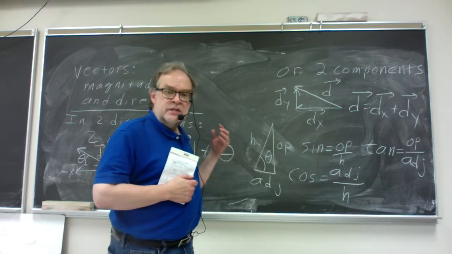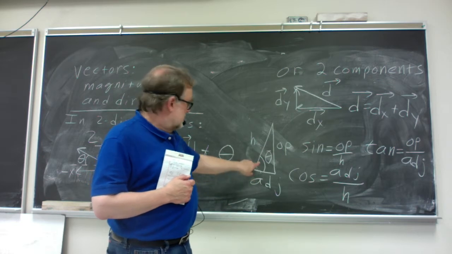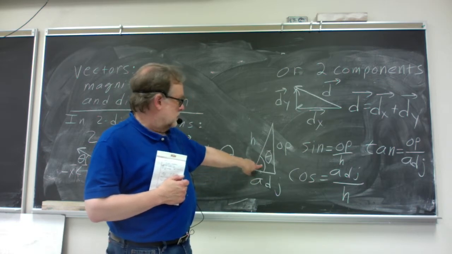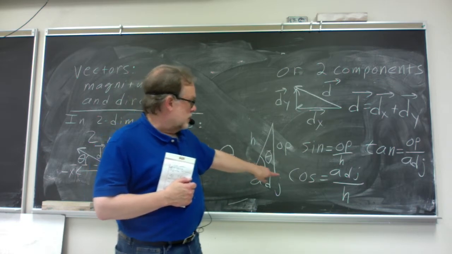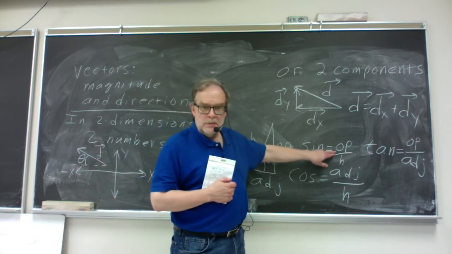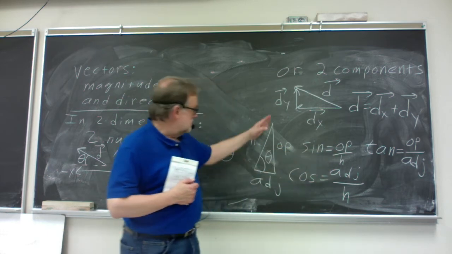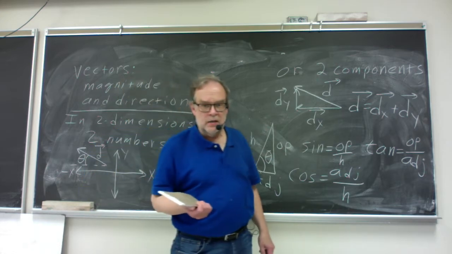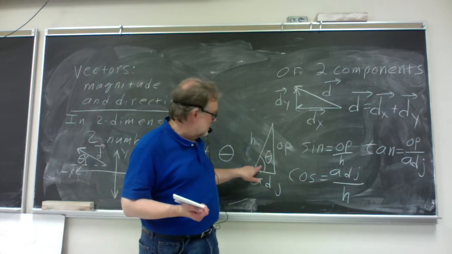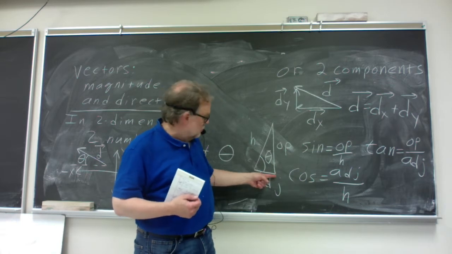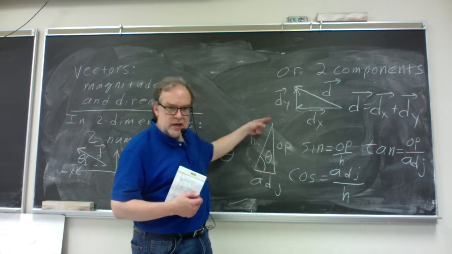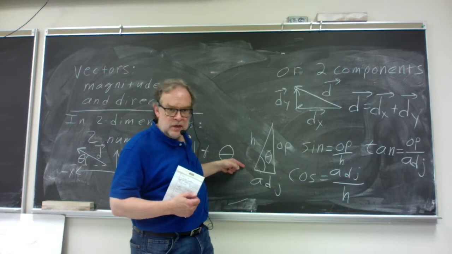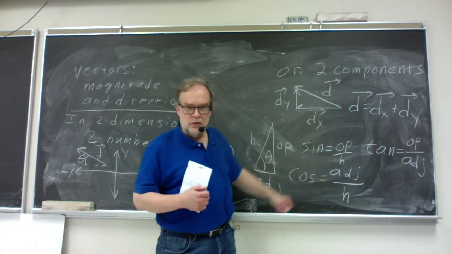And we can define sine of this angle as equal to the ratio of the opposite side to the hypotenuse. And we can define cosine of this angle as the ratio of length of the adjacent side to length of the hypotenuse, adjacent over hypotenuse.